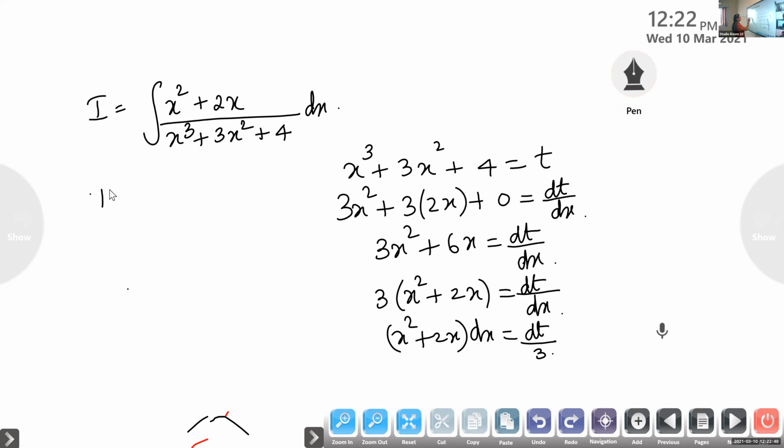Therefore, the integral I, we can write as the integral of (dt by 3) by t.